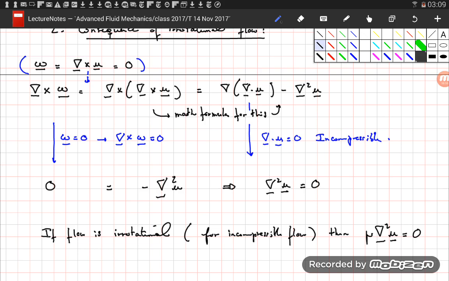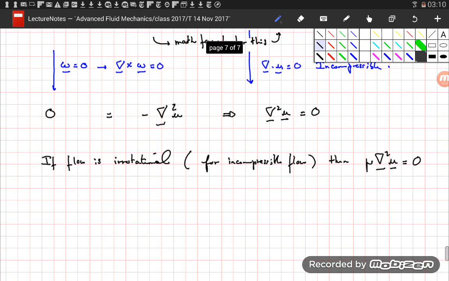Note that you do not require that the fluid is inviscid. The viscosity might not be 0. So we're not here neglecting the viscosity, but the kinematics of the flow, the velocity field, is such that the Laplacian vanishes, and therefore the viscous term in the Navier-Stokes equation drops out.